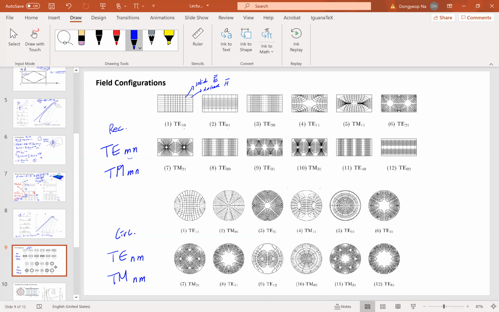So as this mode index increases, the field gets more oscillating. You can see that the field variation is much faster as mode indexes increase. In the same way in the circular waveguide.